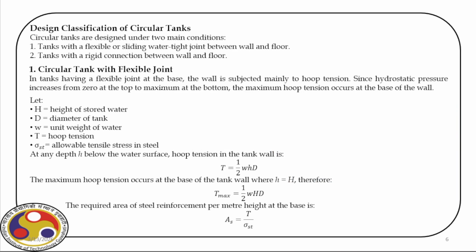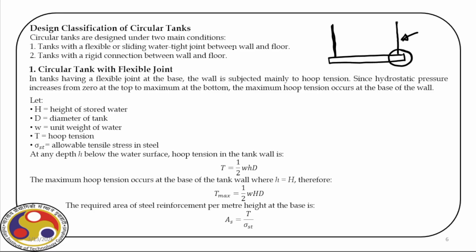Now, the circular tanks can be designed in two different ways. As you can see, it has a base slab and it has side walls. Now, these side walls can be firmly connected at the base, or they may not be rigidly connected.